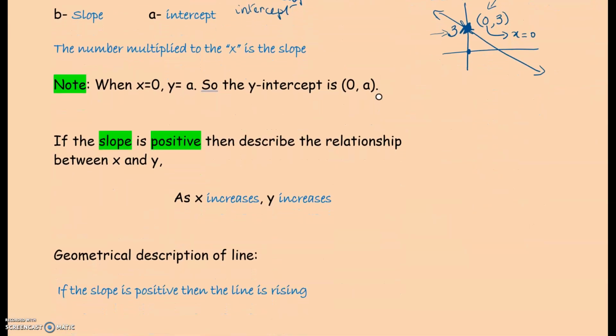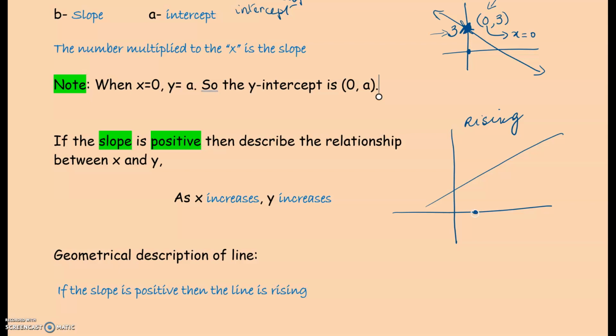Now, what does it mean for the slope to be positive? Let's look at this line. This line has positive slope. How do we know? Because it is a rising line. A rising line has positive slope. What exactly does that mean?